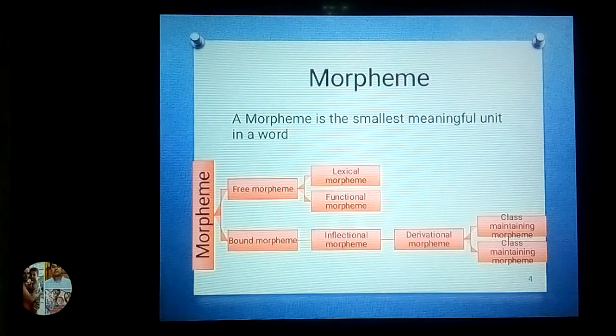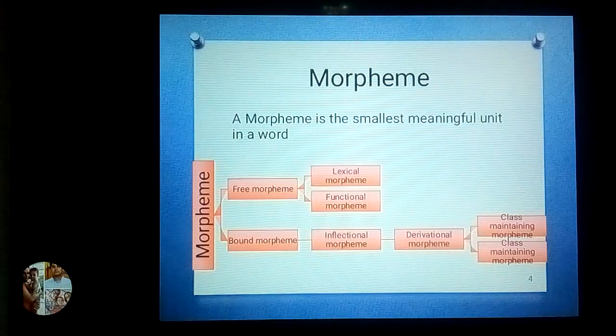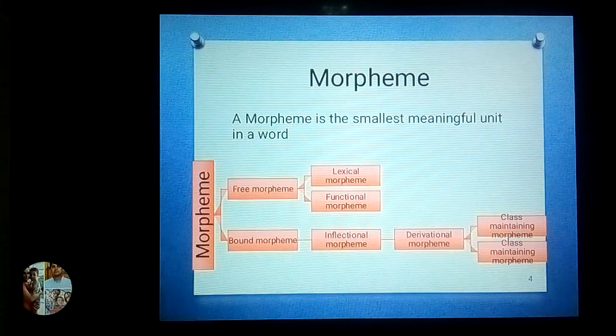Bound morpheme is of two types. One is inflectional morpheme and the other is derivational morpheme. Derivational morpheme is also of two types. One is class changing morpheme and another is class maintaining morpheme. Then move to the next slide.